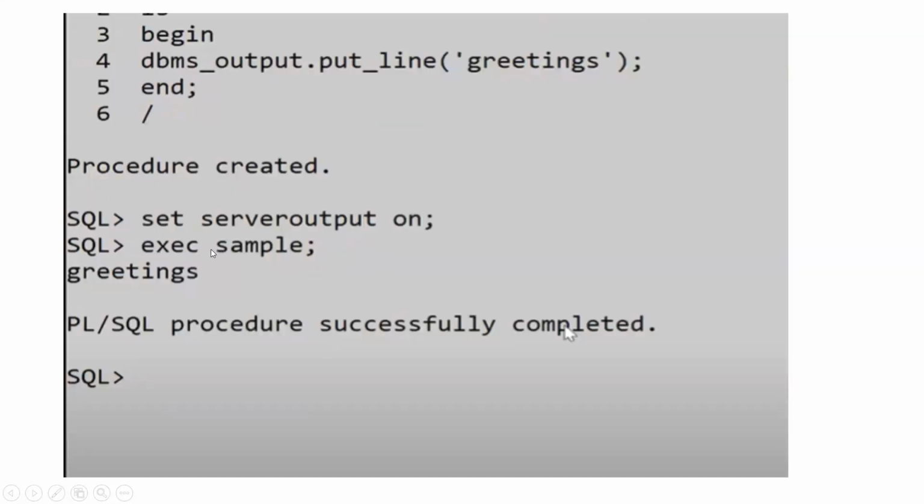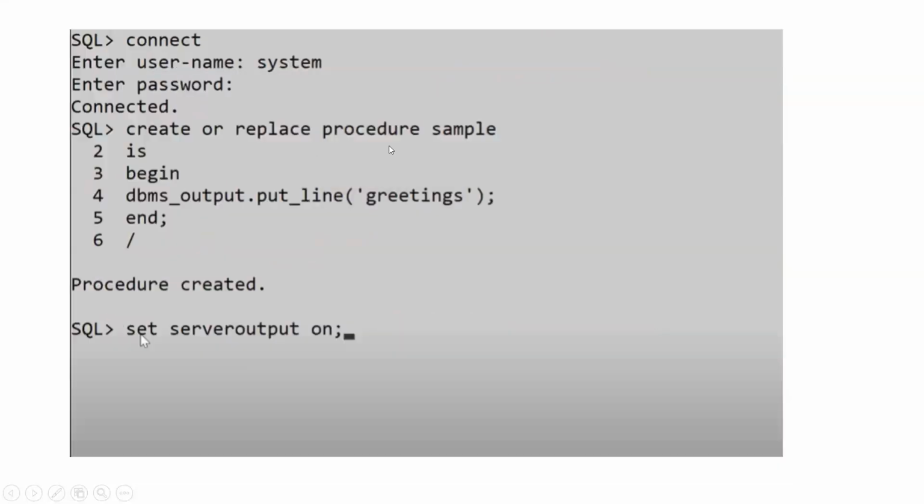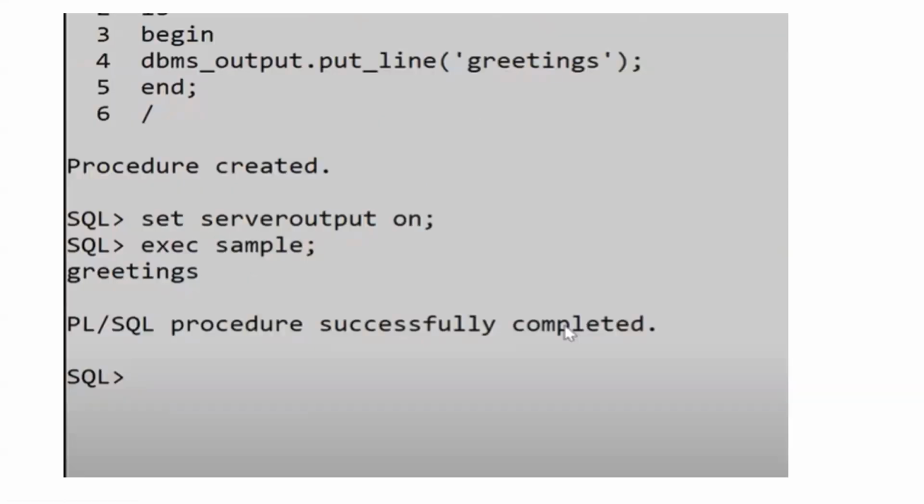Then you execute the sample program. The way to execute in the SQL prompt is EXEC, the procedure name. The procedure name is sample. This is how we execute the procedure program.